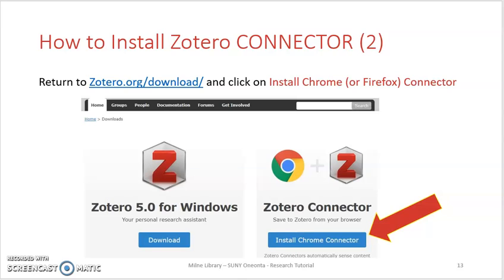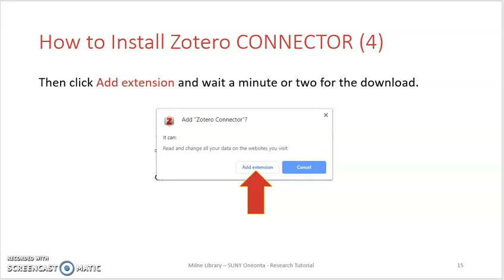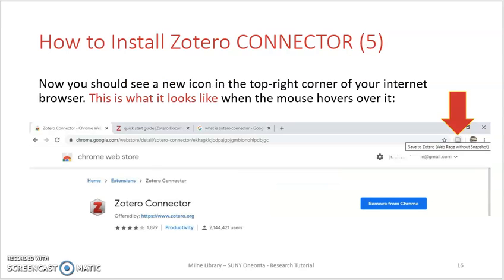After you click on the Install Connector button, you're going to see a pop-up, and you're going to add to Chrome or Firefox. Finally, click Add Extension and wait a minute or two for the download. Now, if you look at the top of your browser in the top right corner, you should see a new icon.